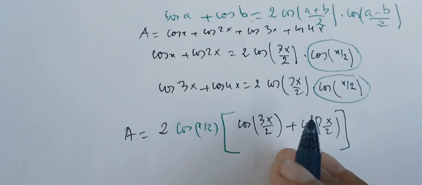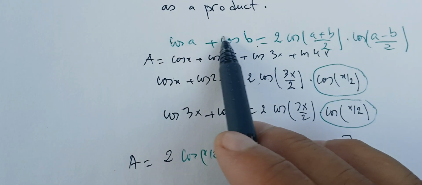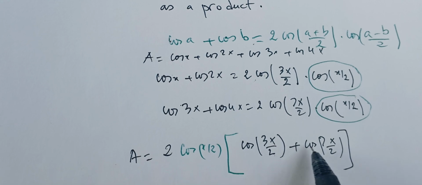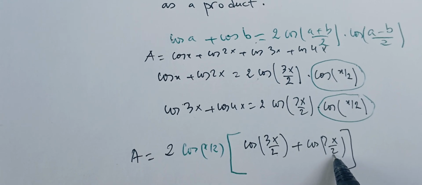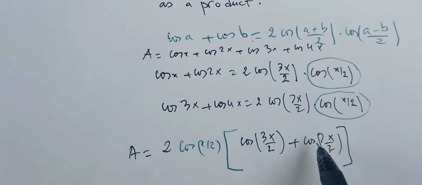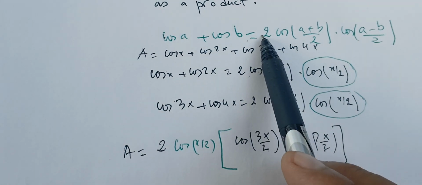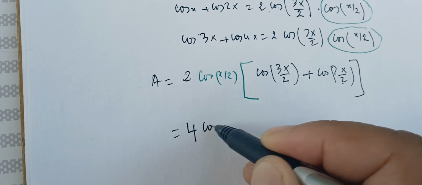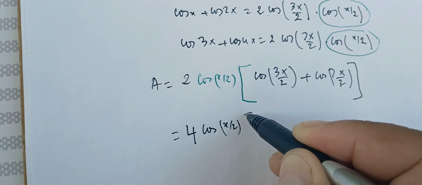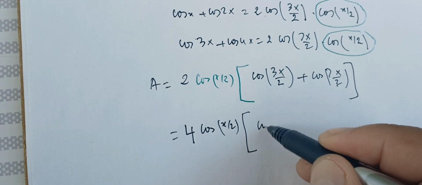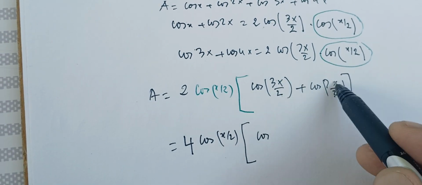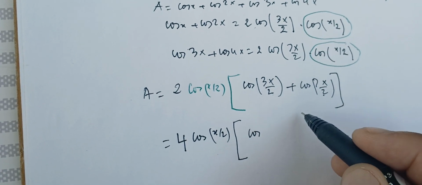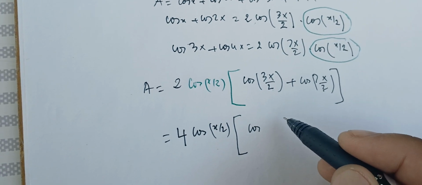Now we see that we're going to reapply our formula here with a as 3x over 2 and b as 7x over 2. When we do that, we're going to have a 2 that I'm going to put in the front. So I'm going to have 4 cosine x over 2, and I'm going to have cosine of (3x plus 7x) over 2. That means 10x over 2, which is 5x over 2.